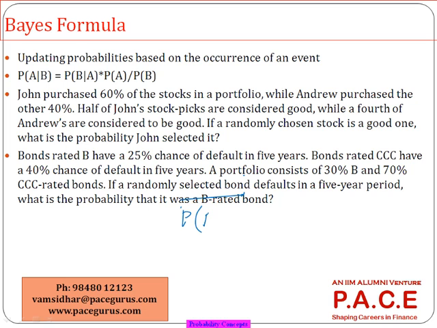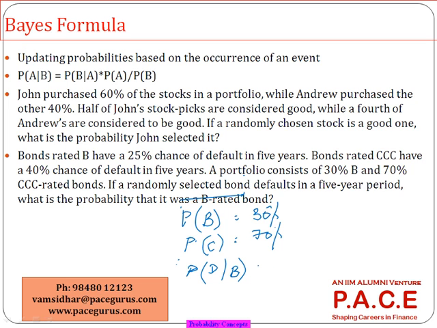Probability of B is 30%. Probability of C is 70%. Correct? I can also write it as: bonds rated B have a 25% chance of default. How do I write it? Probability of default given that it is a B rated bond.